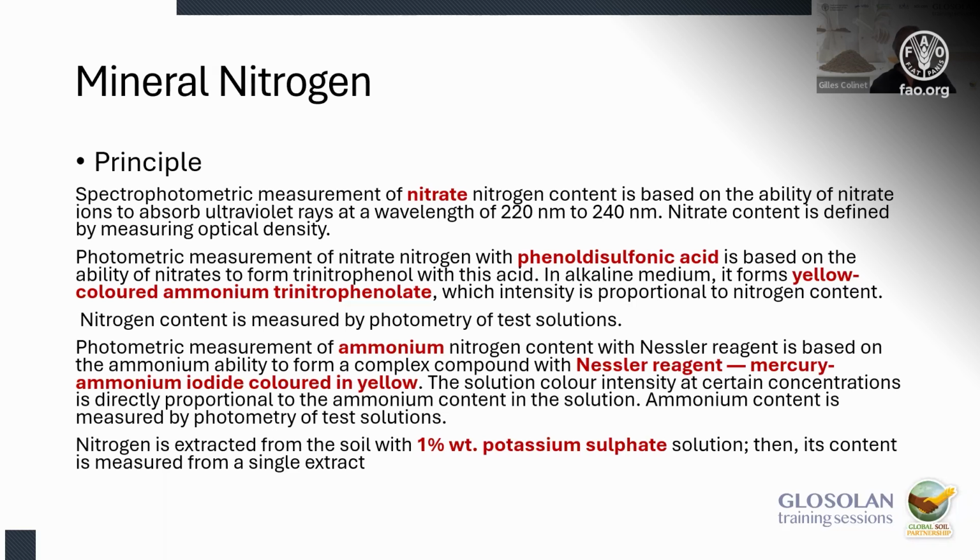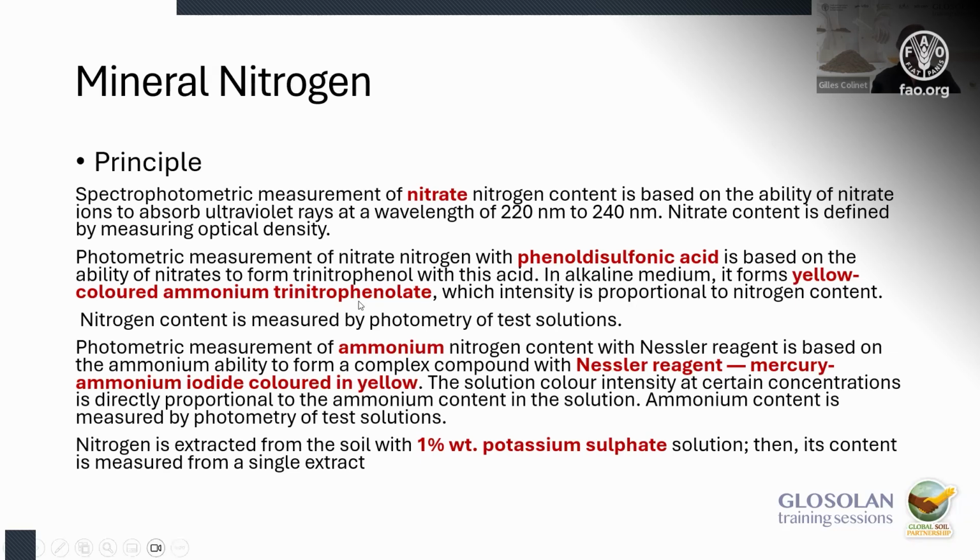For the ammonium nitrogen, it's another reaction that you will use. You will use a reagent called the Nessler reagent. And then you will also have a product which is colored in yellow. So it's also a kind of photometry.